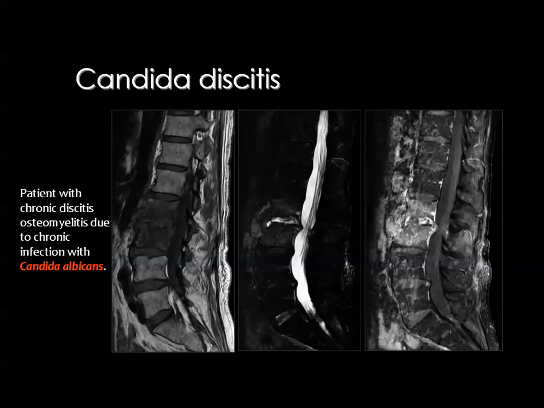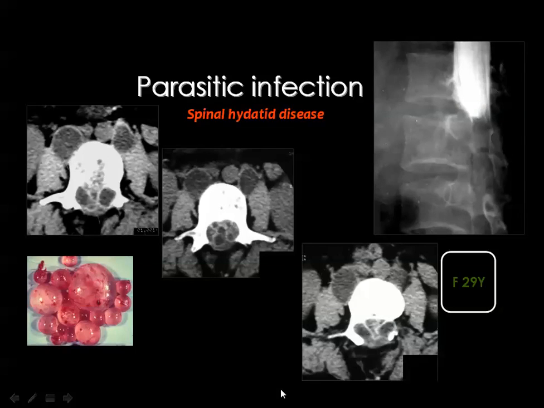Sometimes we deal with this as a tuberculous spondylodiscitis, and the patient is given anti-tuberculous treatment, and if he is not improving, we may have a biopsy from this and culture the organism to reach the final diagnosis.